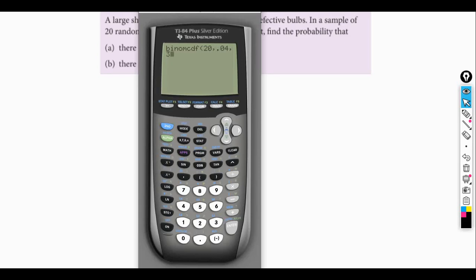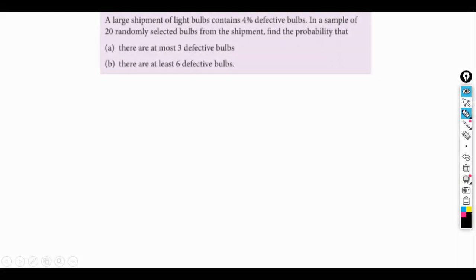So then we click on enter, and there you go. So the probability that there are at most 3 defective bulbs would be approximately 99.25%.